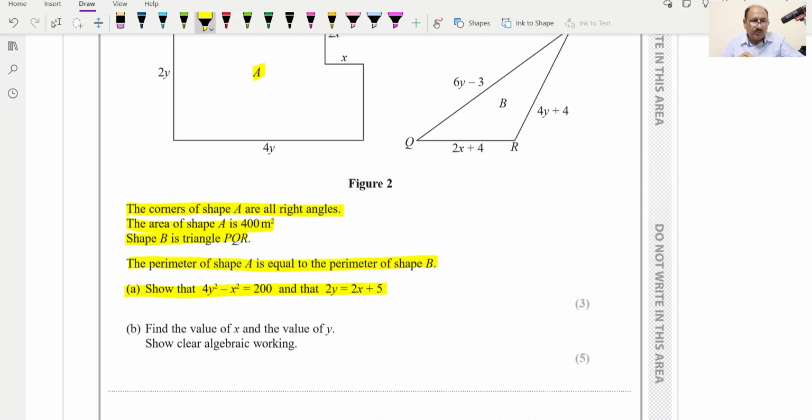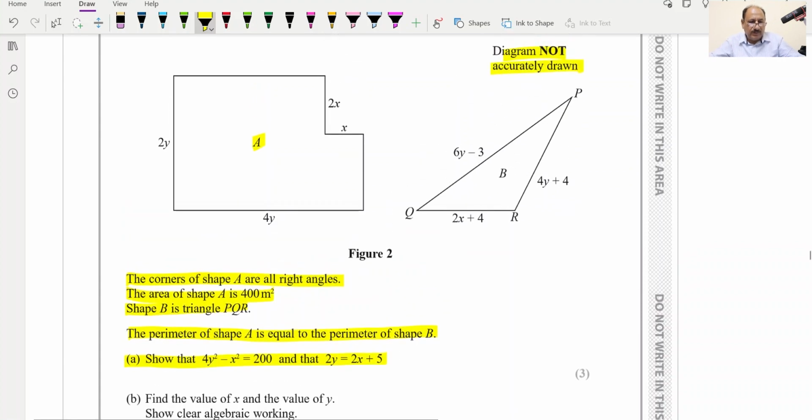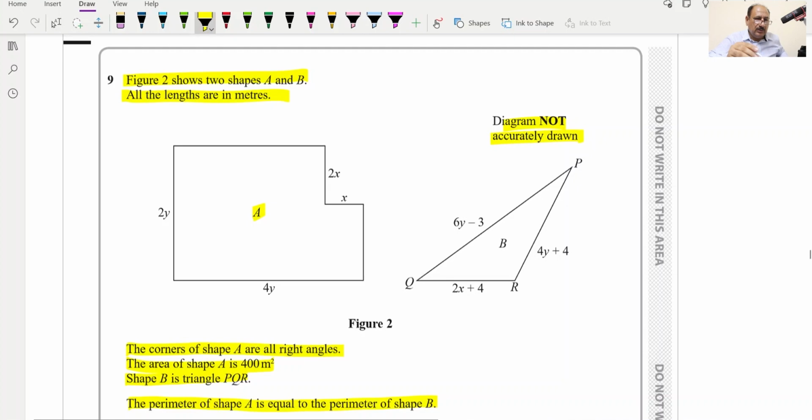For this one, we can split the given shape into two shapes.